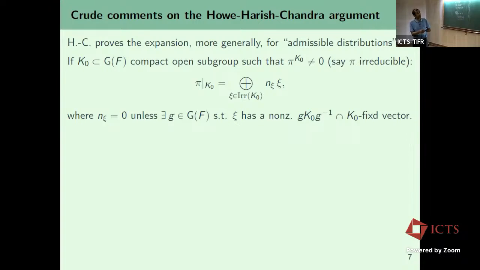There should be some g in G(F) such that g K0 g inverse intersection K0 fixes a non-zero vector in psi. So this looks like a very awkward condition. In fact, this is almost trivial to prove. What is difficult is to extract any information out of it. And that is where the nilpotence stuff comes in.